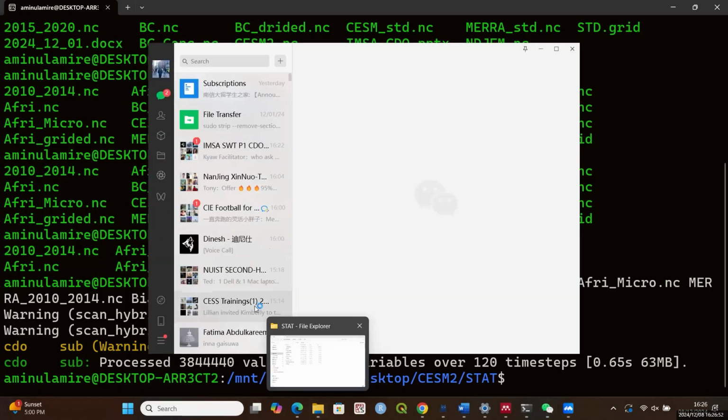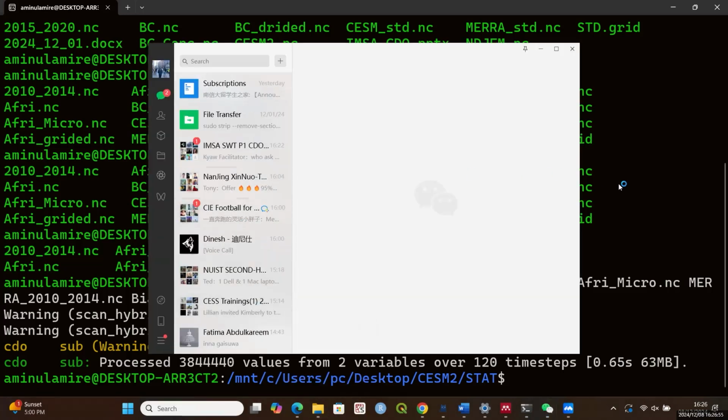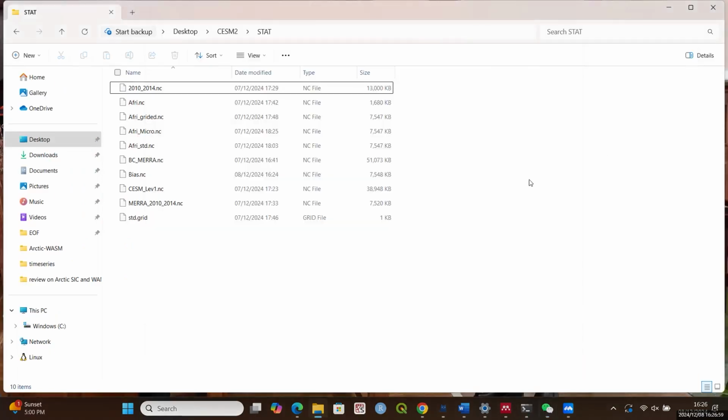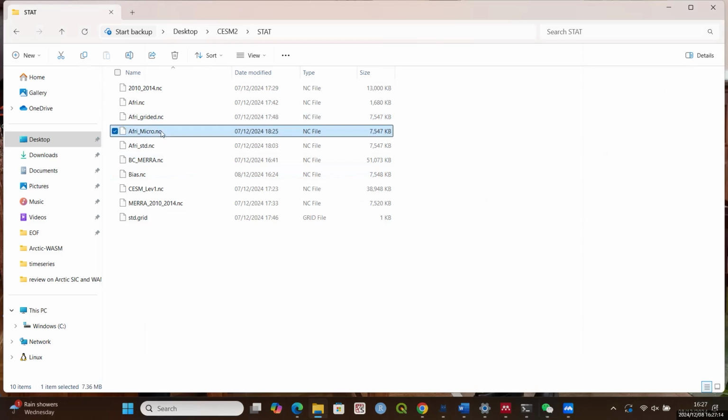When you look at a paper, you find that they say we evaluated our data; first of all, we standardized to similar resolution. Just send the one with micro, this one, and the Mela 2010-2014.